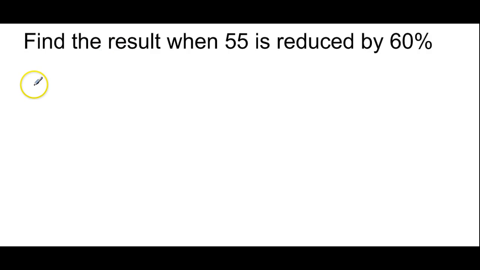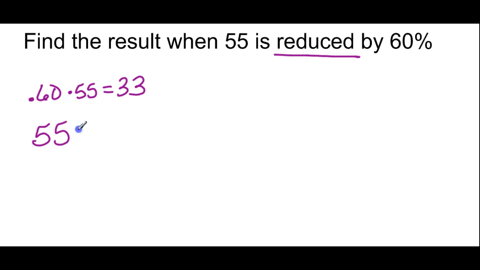Okay, ready? So this one would be 60% of 55 is equal to 33. And since this is reduced, then I'm going to start with 55, subtract the 33, and that's going to leave me with 22 for my answer.